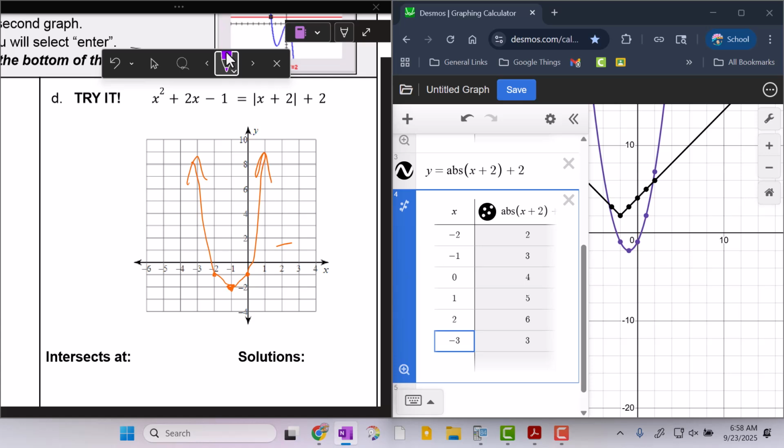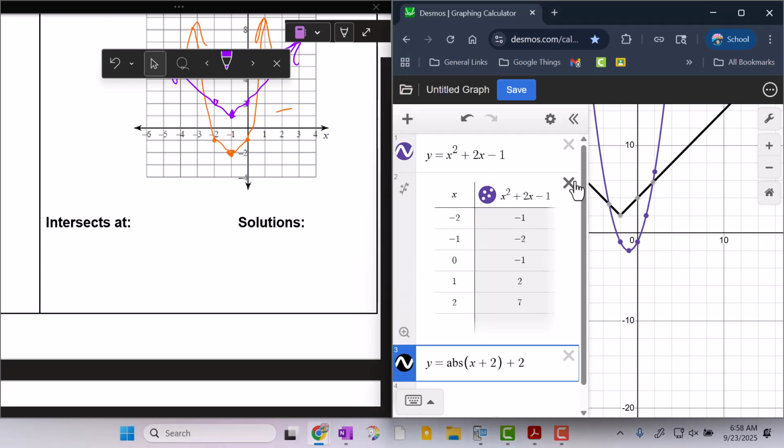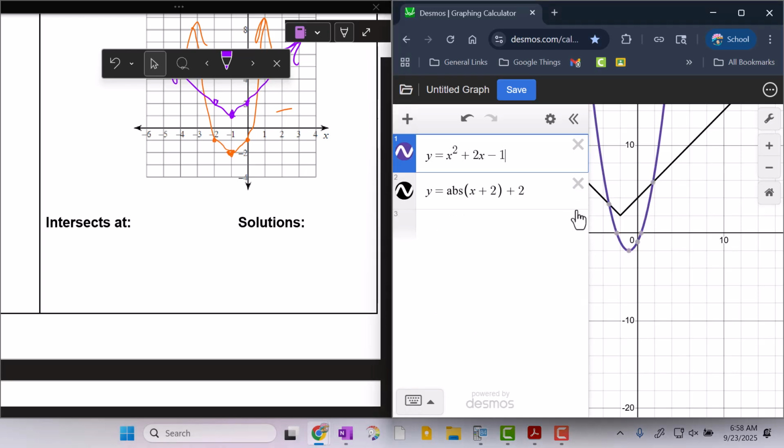So goes through that, goes through that. And again, the intersections are not whole numbers. Let me get rid of that so we don't see all those points flying around. Because we just want that one. We'll have to look at the second one in a second.